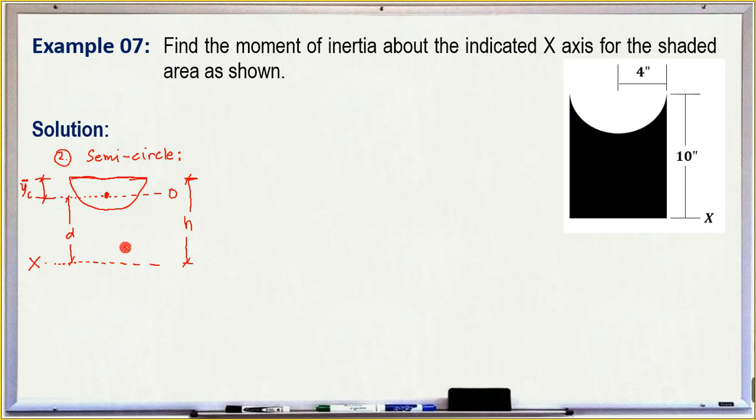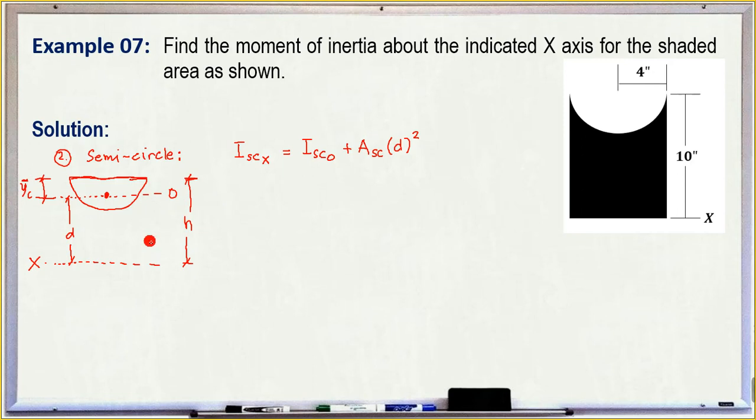Our reference axis here is the centroidal axis, that is the axis labeled as O. So from the parallel axis theorem, we have I of our semicircle along the x-axis is equal to the moment of inertia of this semicircle along the centroid plus the area of this semicircle times the square of the distance between these two axes.